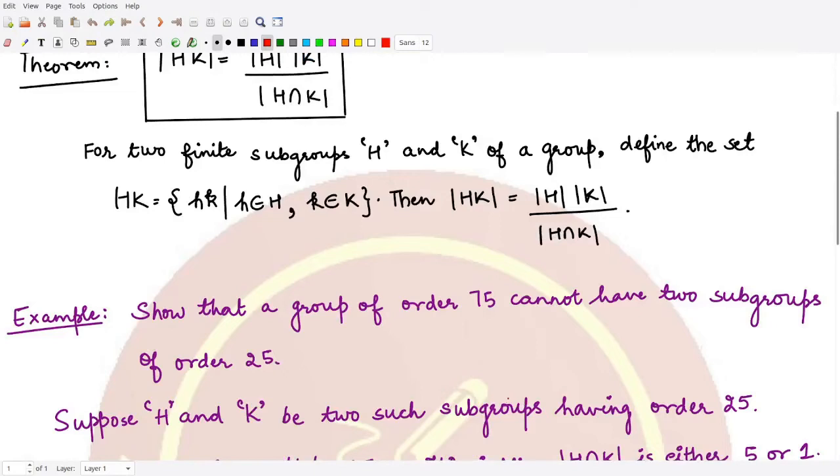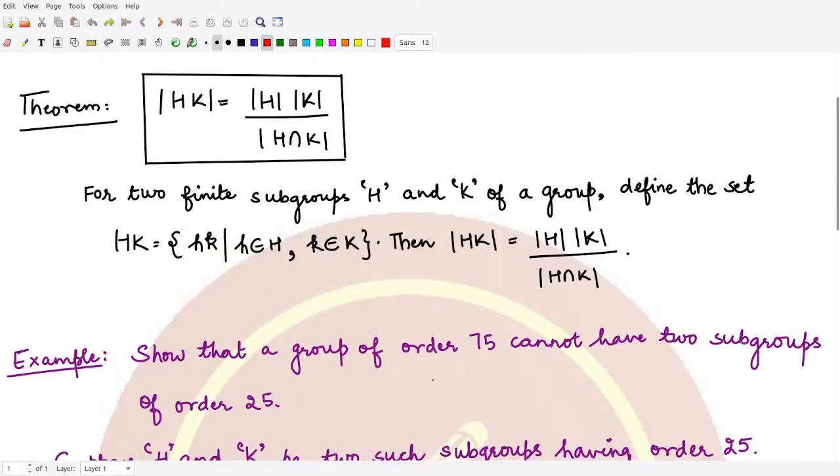In this example, they are saying show that a group of order 75 cannot have two subgroups which both have order 25. So we will make use of this result in order to prove this.